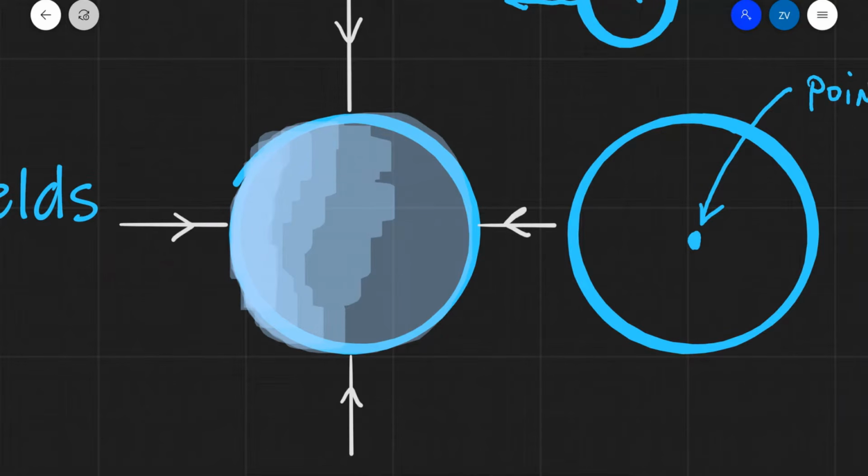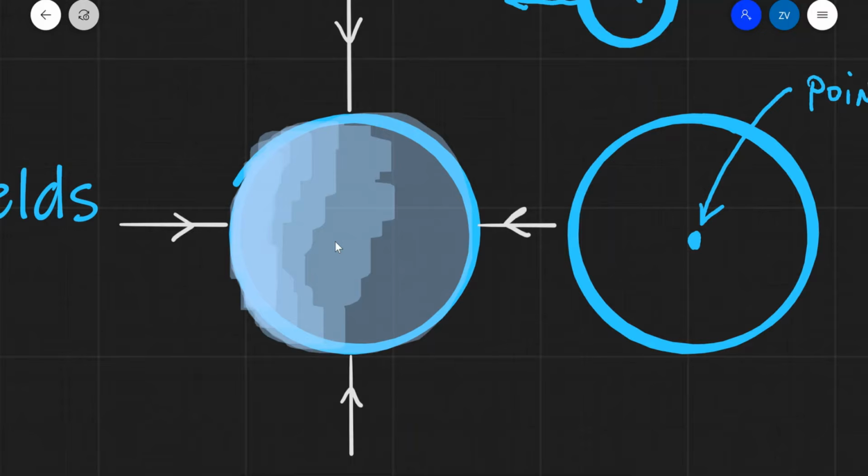We can also represent the gravitational field with gravitational field lines. Now, because the force is attractive, the field lines are just going to follow the direction that a little test mass will experience a force at, and in this case, that is towards the center of this planet.